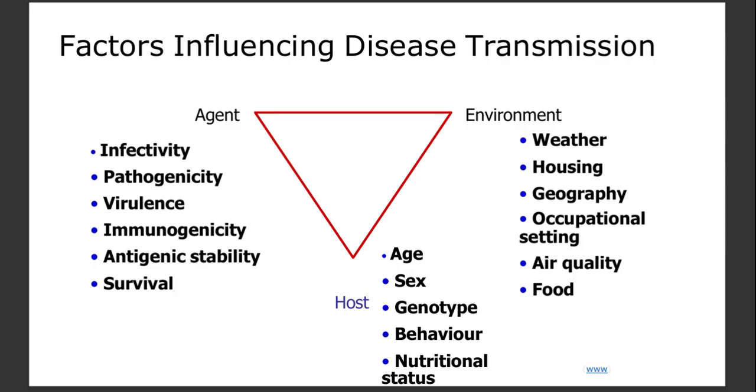When it comes to the host, the age of the host is important. For example, the young have an underdeveloped immune system. The old, their immune system is failing. So they have a much higher ability to develop these diseases. All right. And then when you look at sex, there are some conditions that are more prevalent in females than in males, and the other way. For example, we both have breasts as males and females, but females are more likely to develop breast cancer than males, right?